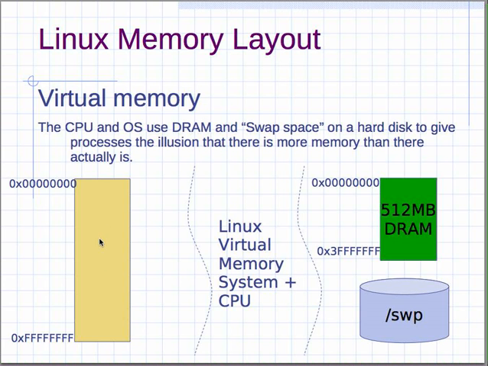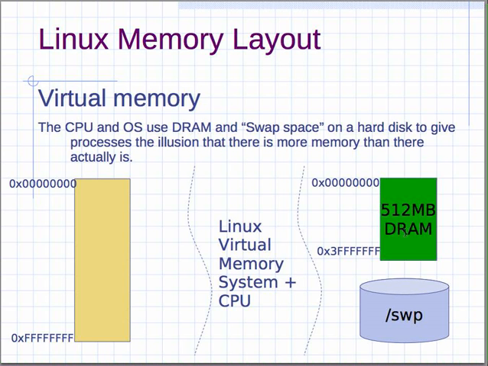You can access parts of it, but it starts at a certain fixed location. So the CPU and the OS use DRAM and swap space on a hard disk to give each process the illusion that there's more memory than there actually is. It uses swap as a backup, no matter how much memory you have.